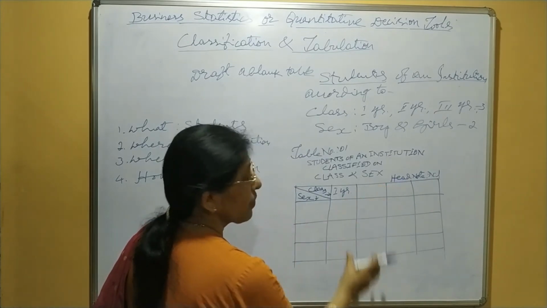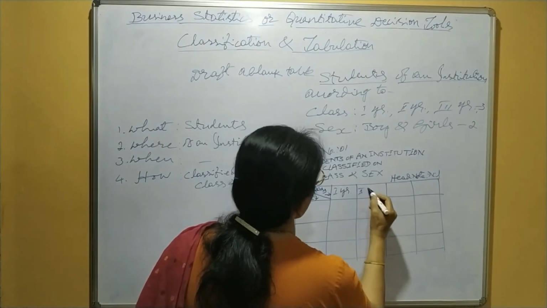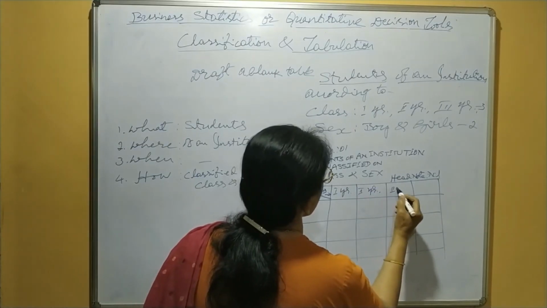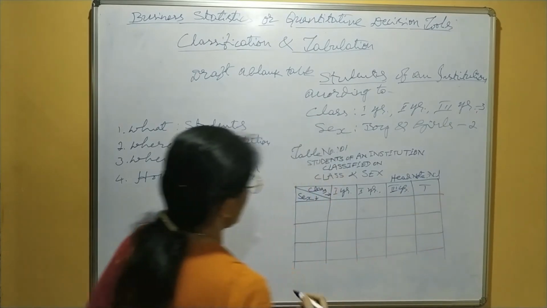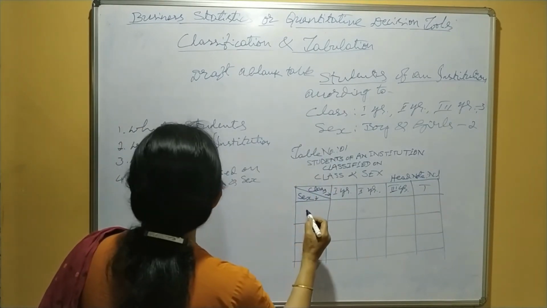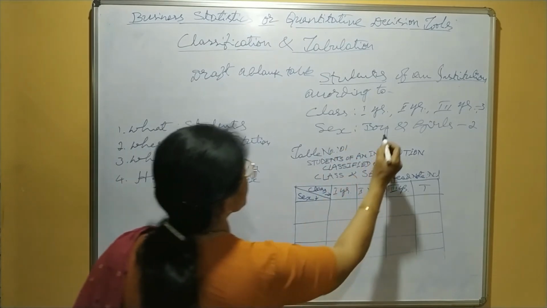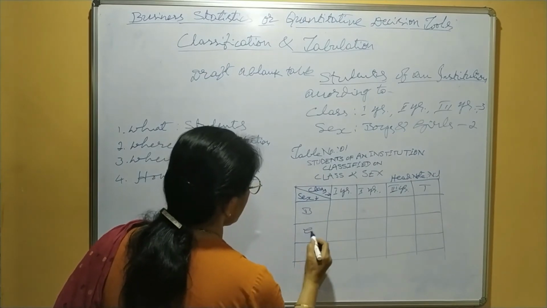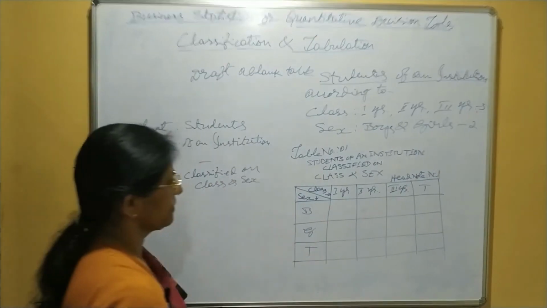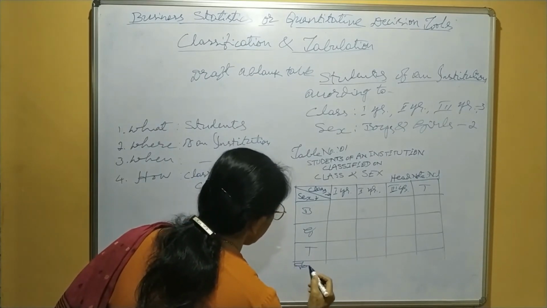Headings of columns are taken to the first row: first year, second year, third year, and total. Then for sex, boys, girls, total.